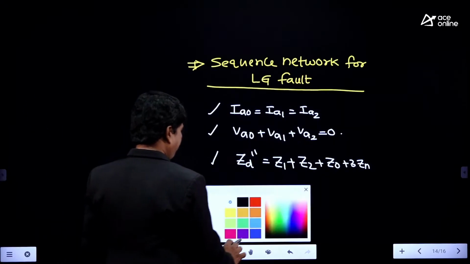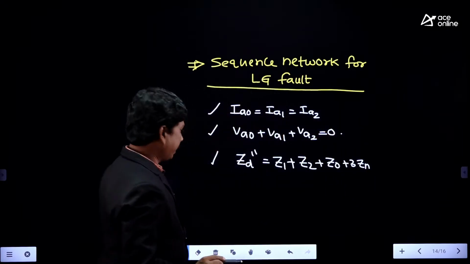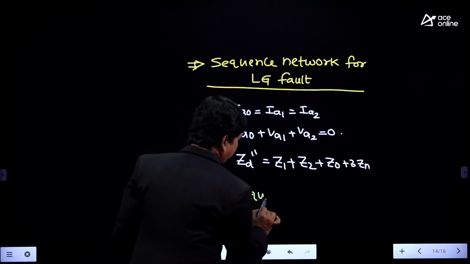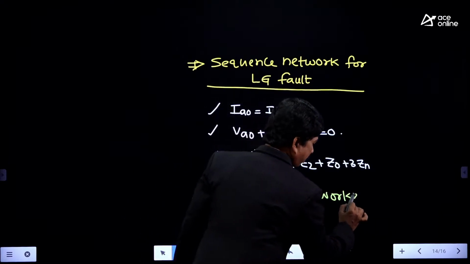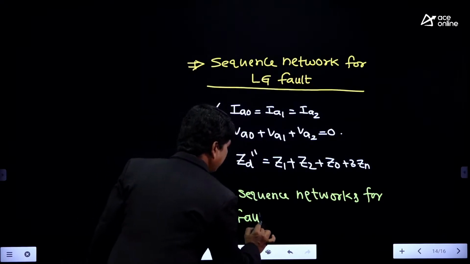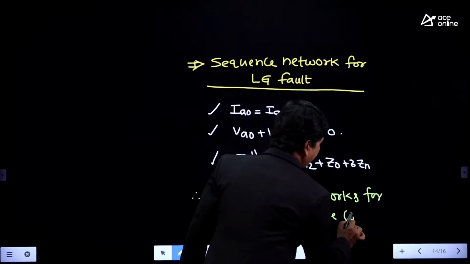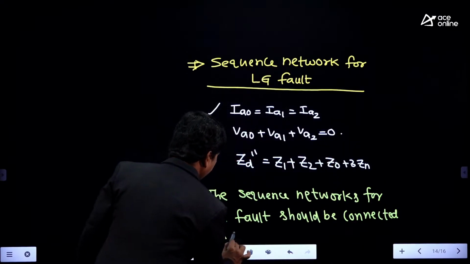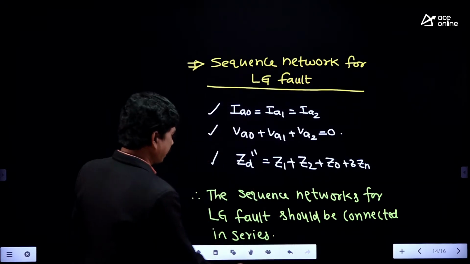So we can write a point here: the sequence networks for LG fault should be connected in series. All the networks should be connected in series.